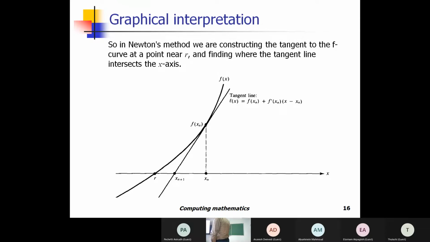So I can take some point, let me denote it as xn, and suppose that I know the derivative at this point, f prime at the point xn.